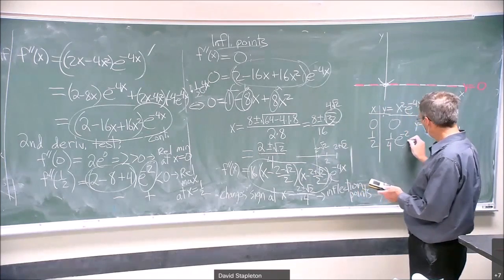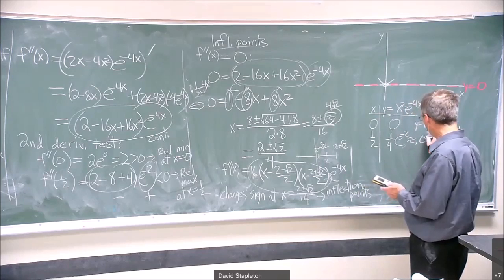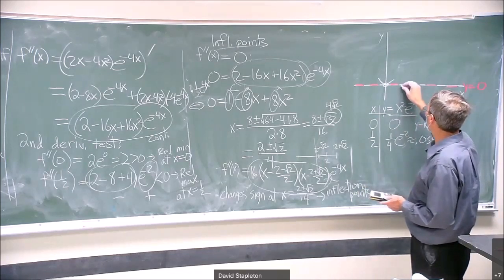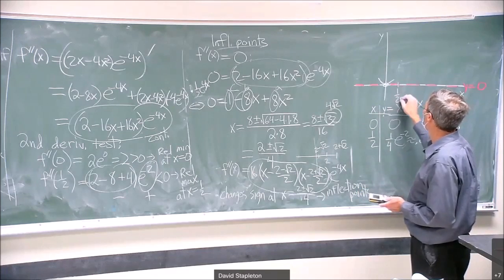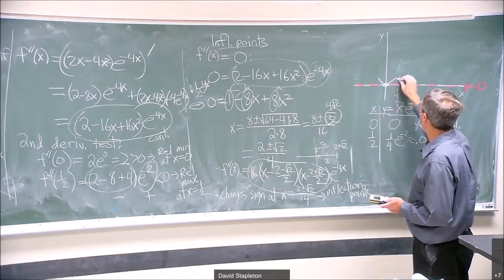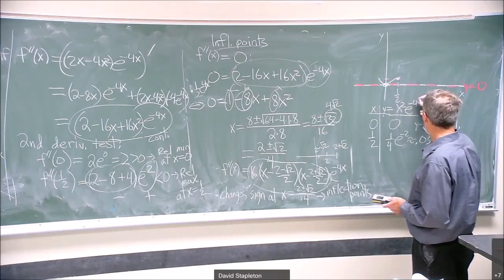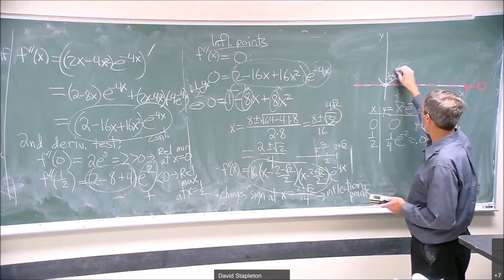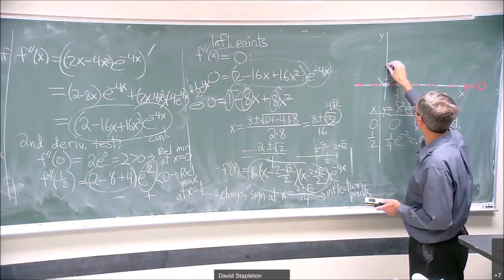It is about 0.034. All right, so we'll plot here at 1/2 around the maximum of 1/4 e to the minus 2, and say that's about 1/3 of the way to 1.